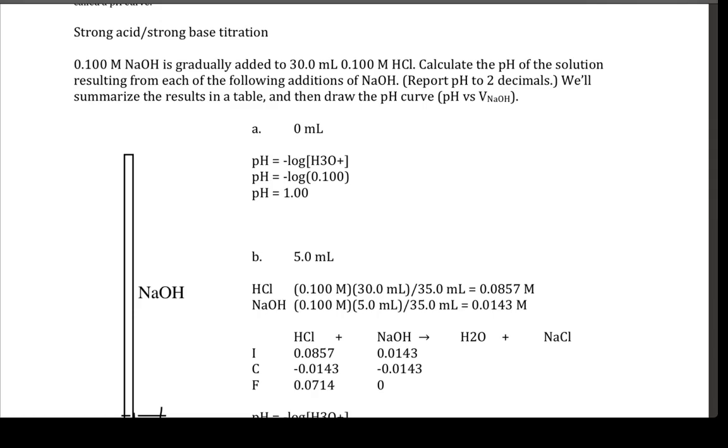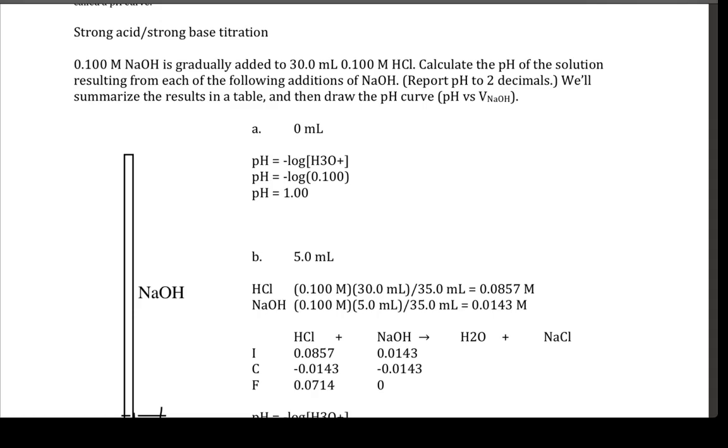So we're going to calculate the pH of the solution in the flask resulting from each of the following additions of NaOH. We're going to report the pH to 2 decimals, and we will summarize the results in a table and then draw the pH curve, which is pH versus the volume of added NaOH.